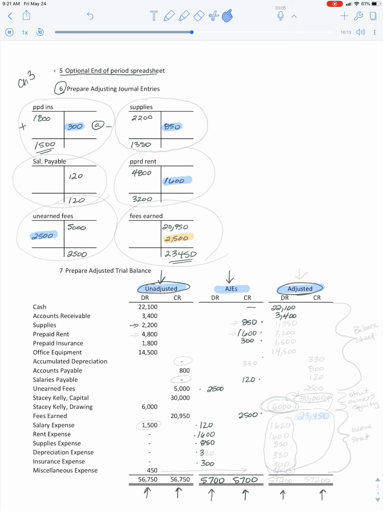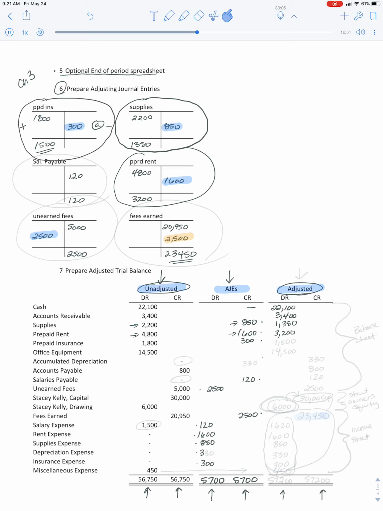So up here in our posting, we ended up with a $1,350 debit balance. So that's what goes in our adjusted trial balance. Prepaid rent started with $4,800 on the debit side, credited $1,600. Here's our prepaid rent account. Should end with $3,200 on the debit side. So that's what we put there. Prepaid insurance should end up at $1,500.